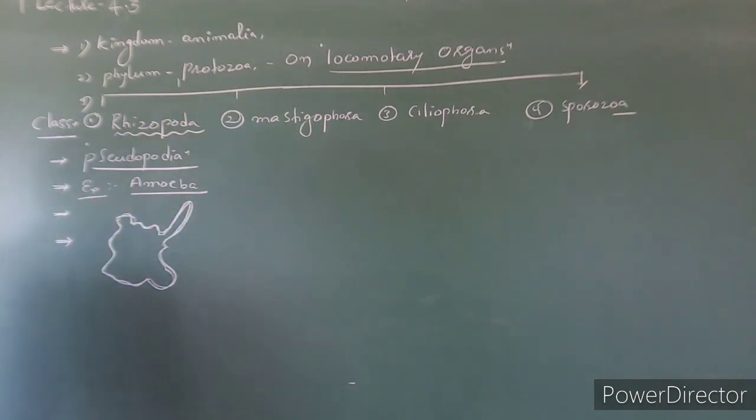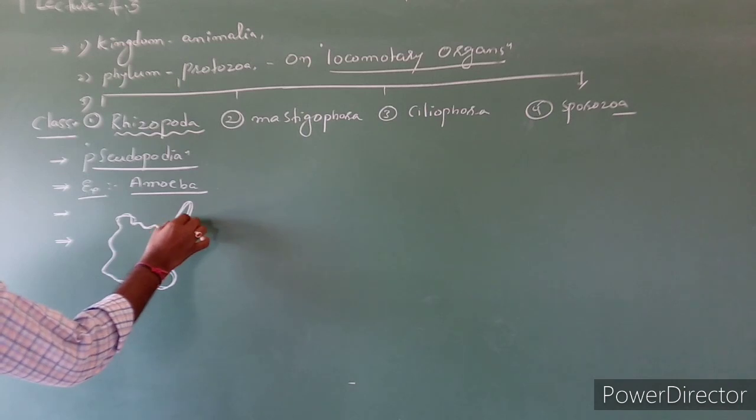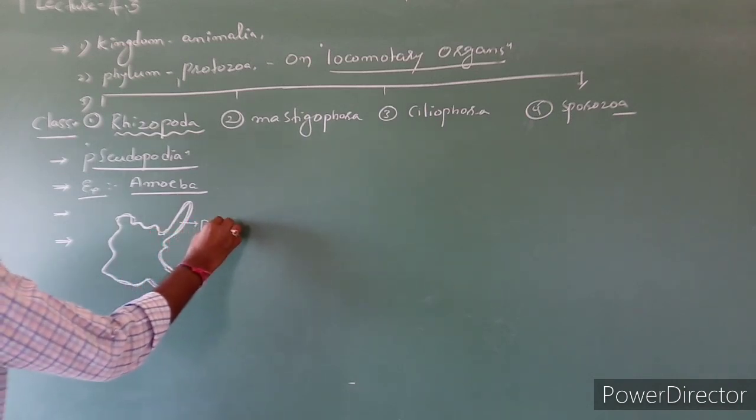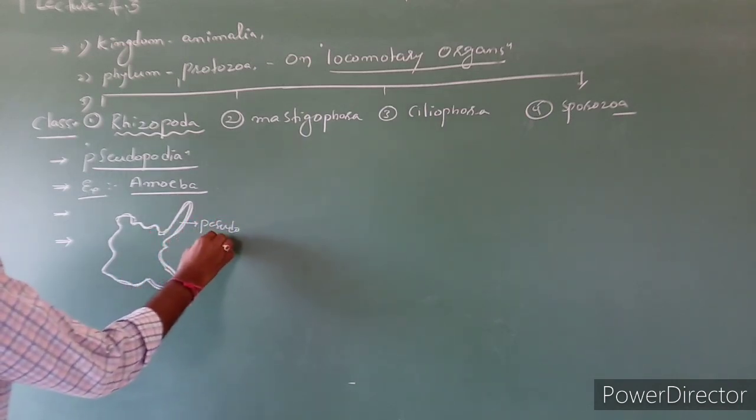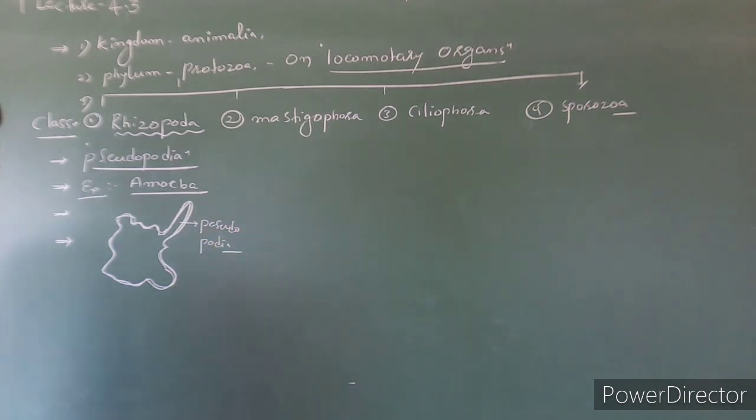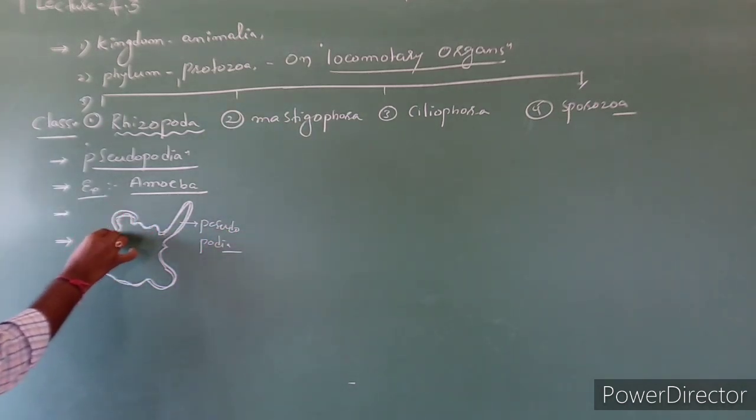So this is a simple diagram of amoeba. This is pseudopodia. Clear? And you know that here one more layer is there.